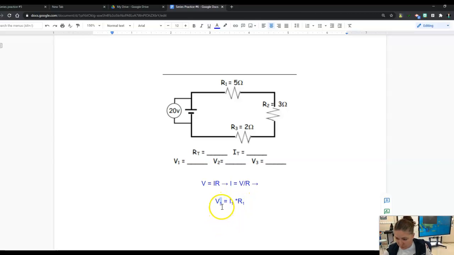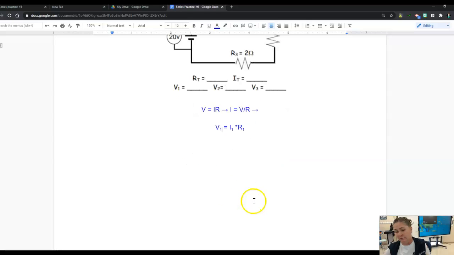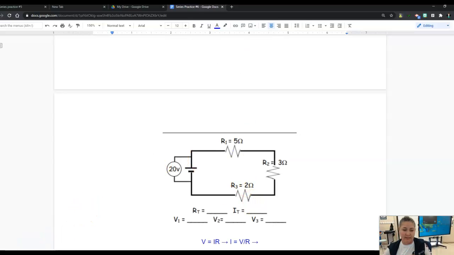You have to do V2 equals I2 times R2. And V3 equals I3 times R3. For each one, use that same total amps you got because it's a series circuit, it doesn't change. So 2 amps times the resistor. 2 amps times 5, 10 volts. 2 amps times 3, 6 volts. 2 amps times 2, 4 volts. That's it. You got this. Thank you for watching.